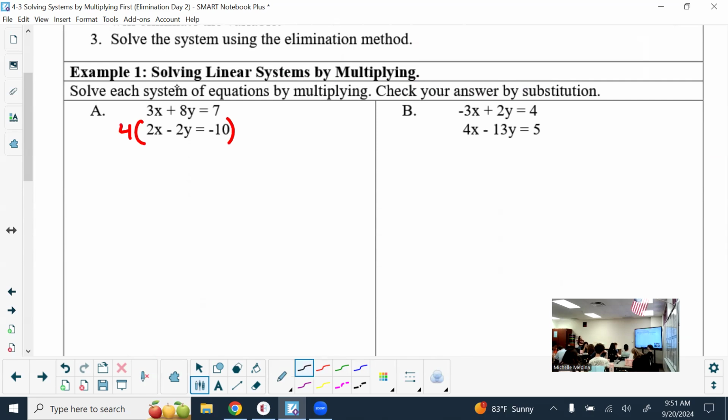So I'm going to copy over the first equation, since I'm not doing anything to it. And we are going to multiply the bottom equation entirely by 4. So table 8, can you tell me what we get from multiplying?